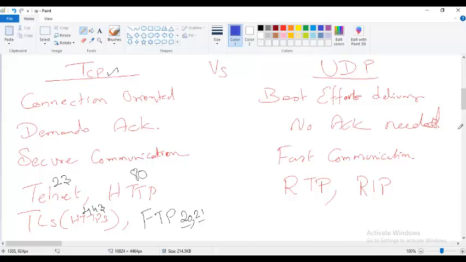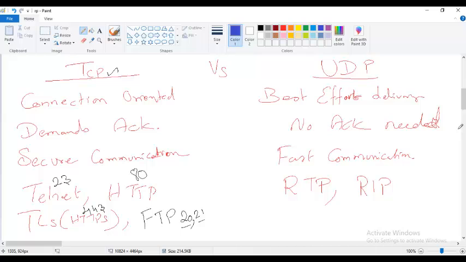I'll give you an example. When I call someone, as soon as they pick the call, I say hello. On hearing my hello, the other person says hello back. So from his voice, I know that I'm talking to the right person. Then I start telling the actual message. That is what connection-oriented means.